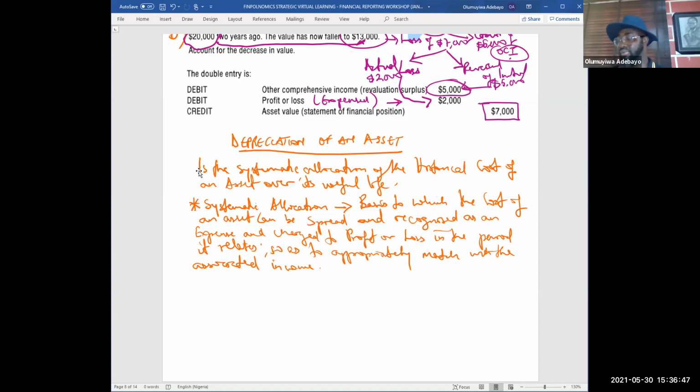Now, the word historical cost I used here simply means that what you are charging is first the purchase cost, or let me use the word acquisition cost.